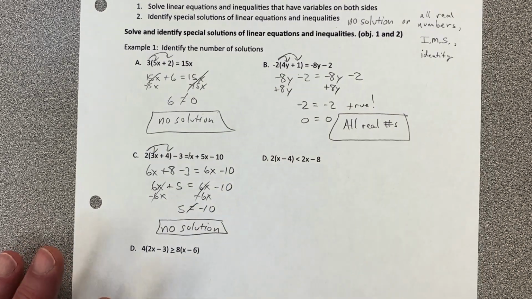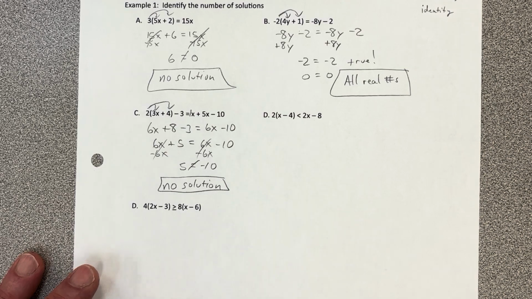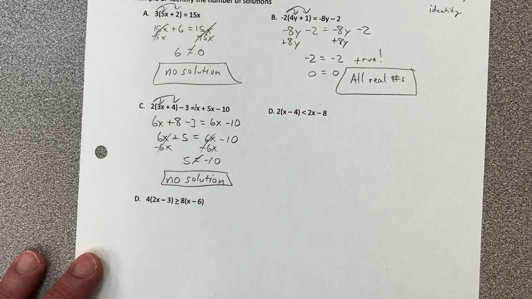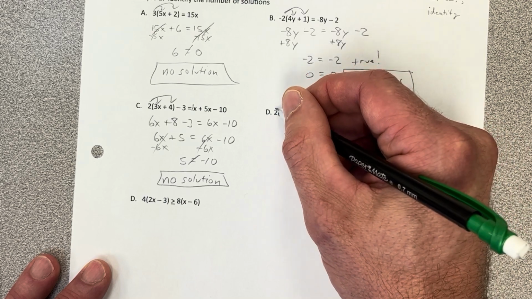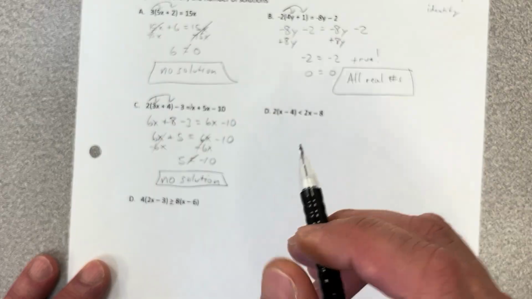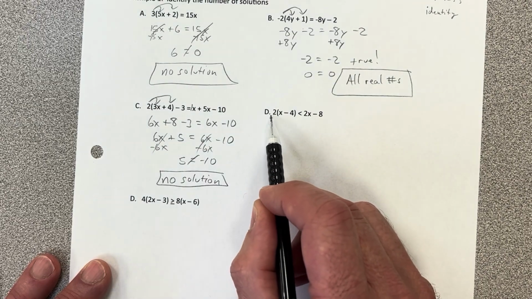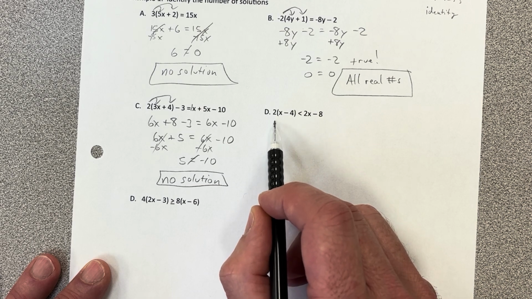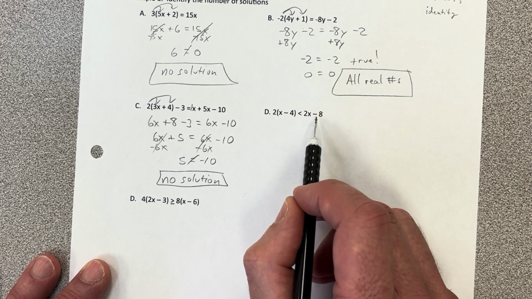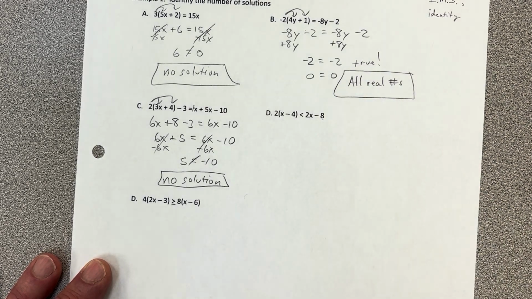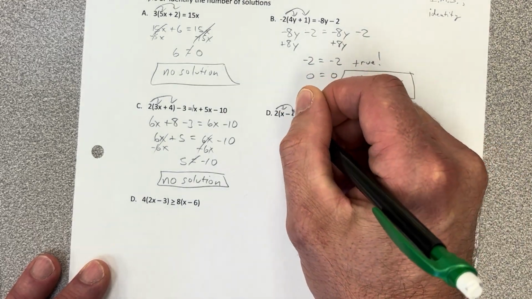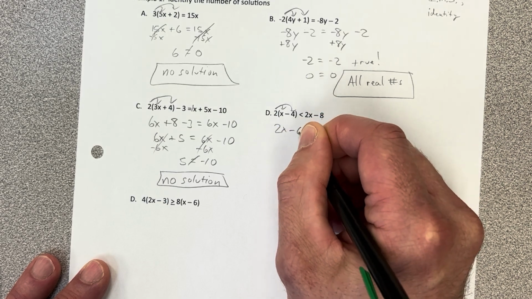Now this next one's kind of interesting. I would encourage you to try this one on your own. But since it's a video, we'll just dive right in. Probably distribute the 2 first. You could, if you wanted to, divide by 2 here, but then you'd have to divide every term on the other side by 2. It would totally be a nice way to do it, but I think it's more straightforward to distribute.